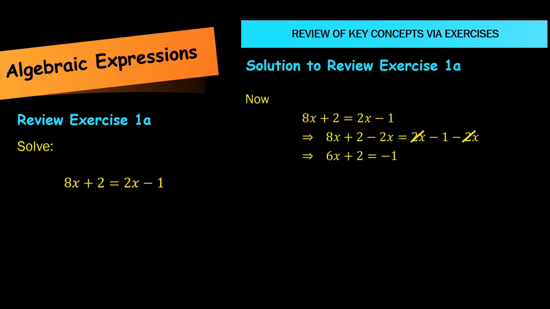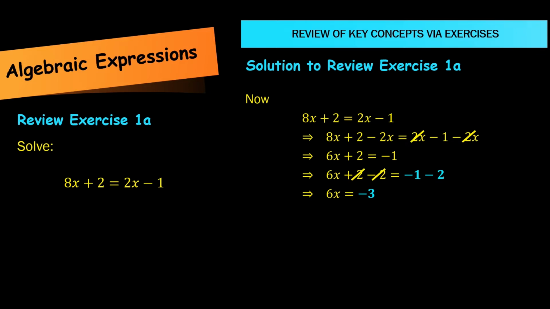Now we need to bring the constants to the other side. So subtract 2 from both sides to get rid of the constant on the left-hand side. Now let's tidy up. The 2's cancel. 6x stays as it is.